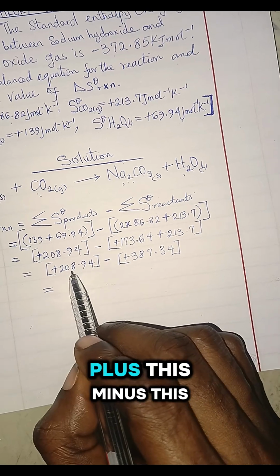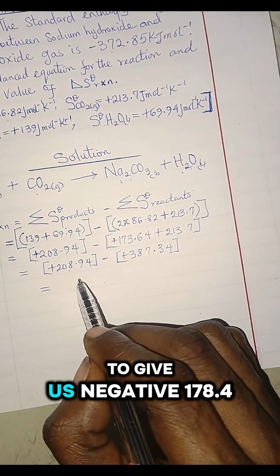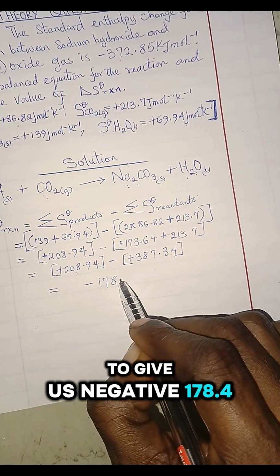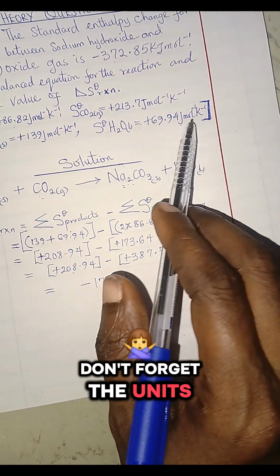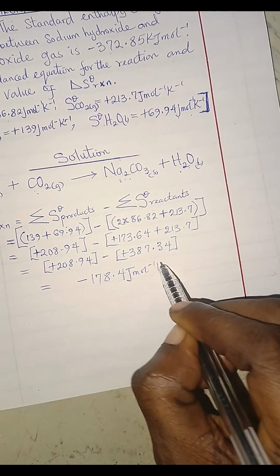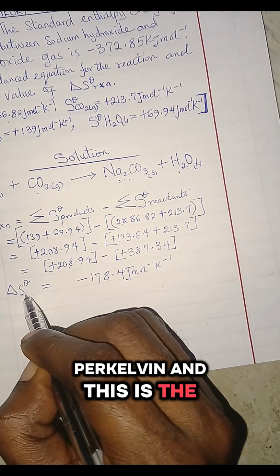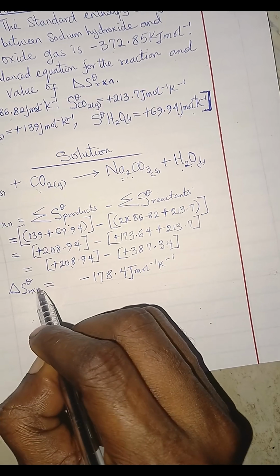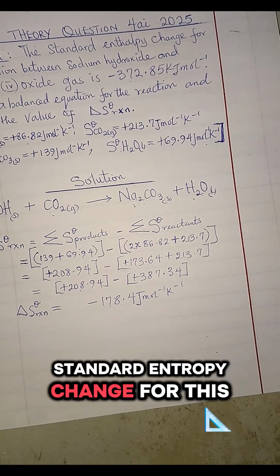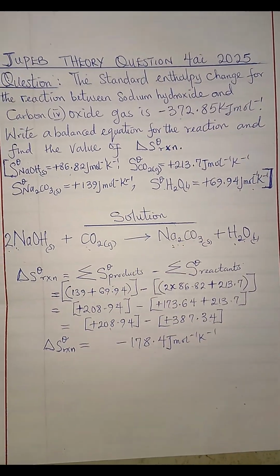So this would be plus this minus this. And that is going to give us negative 178.4. Don't forget the units, joules per mole per Kelvin. And this is the standard entropy change for this particular reaction.